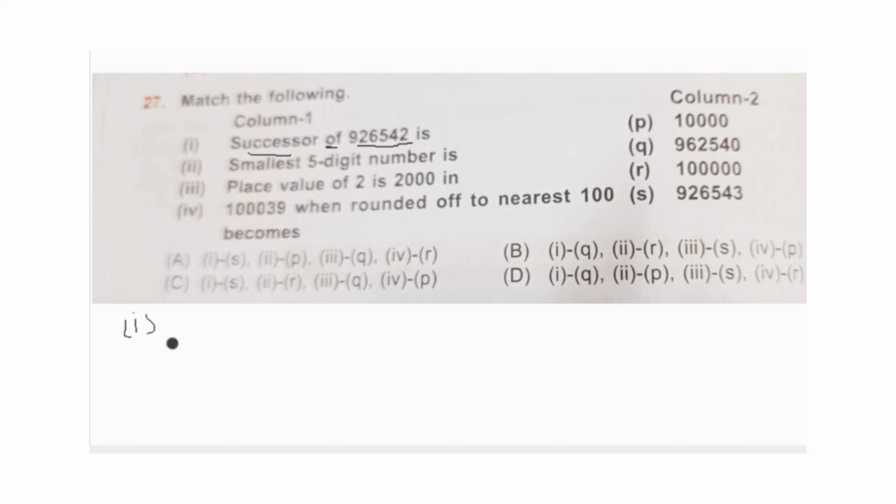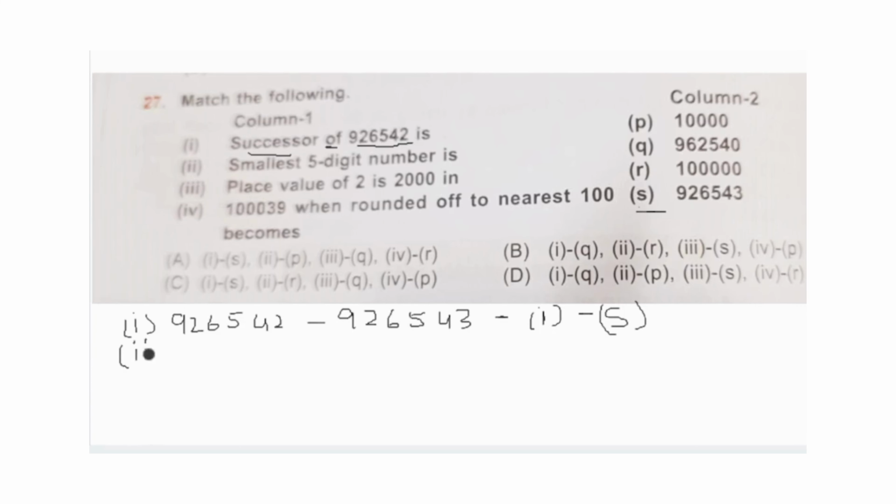So if you see 926,542, the successor is a number that is after this number, which is 926,543, which is option S. So we can map number 1 to S, which is our option in column 2. Let's go with the second one.